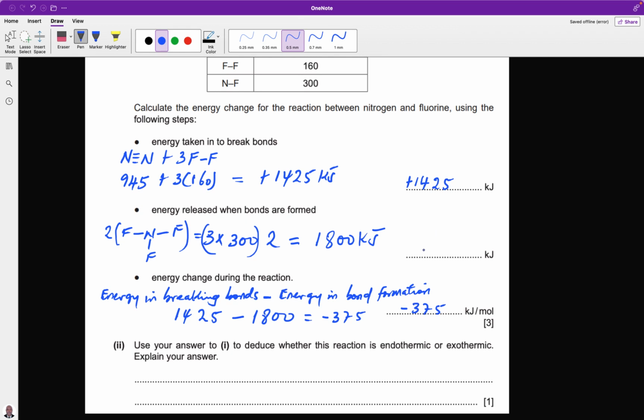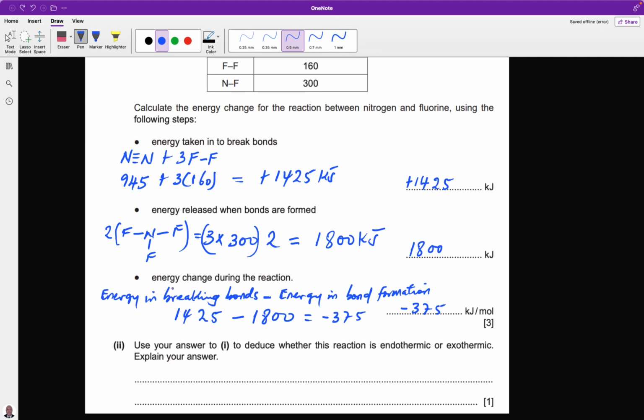That is 18 kilojoule. So it's 1,800 kilojoule.